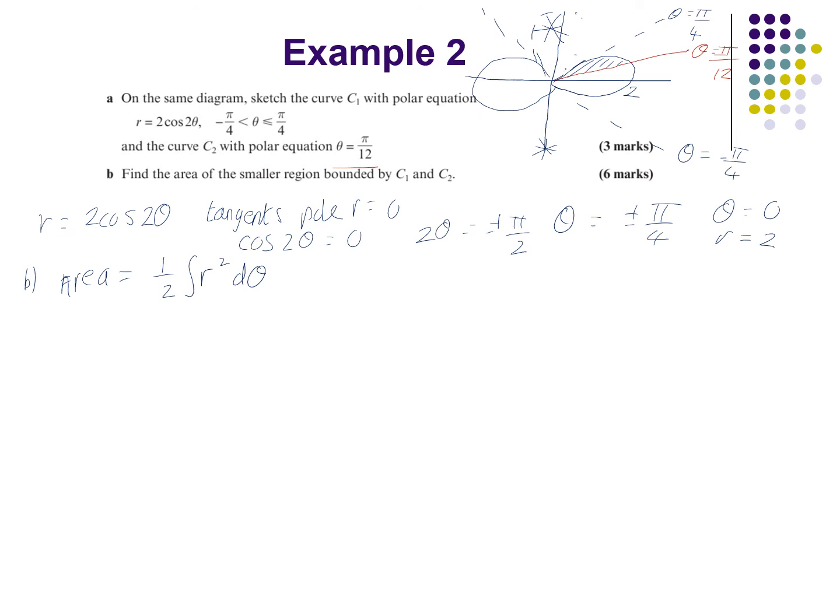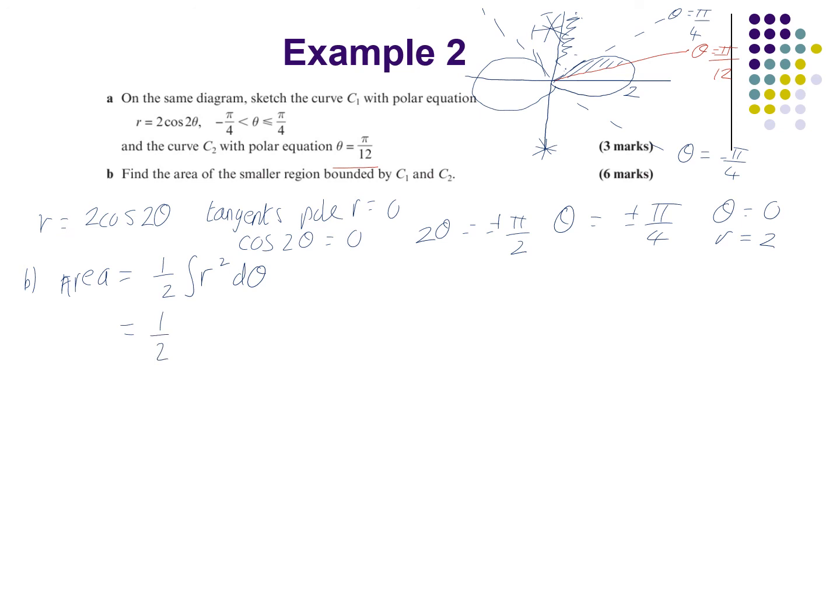What you'll find is if you use the limits pi by 12 up to pi by 2, you'll get some of this curve as well, so you get a different answer. So do be careful to make sure you use tangents to the pole rather than just where you think the curve stops. That's why I wanted to do this example for you.